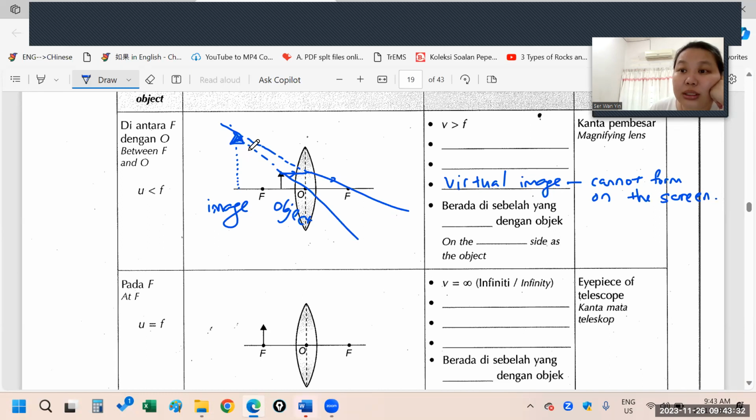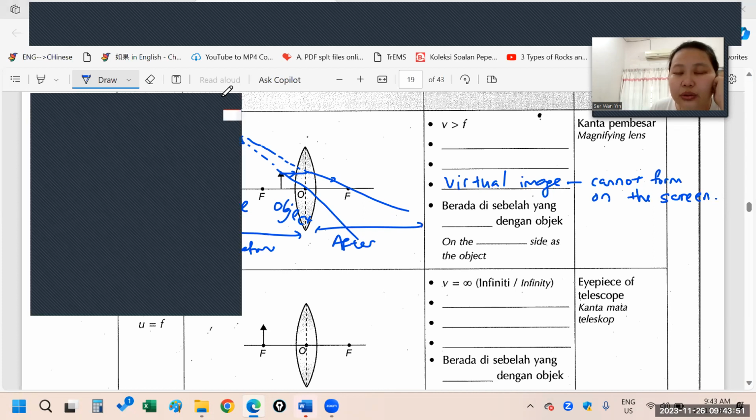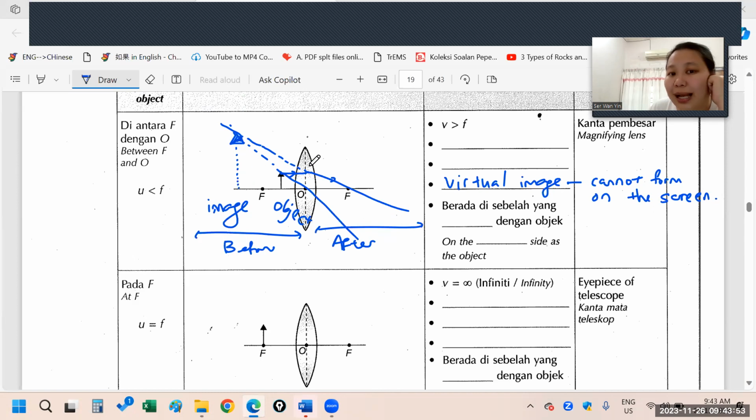So how to know if it's virtual or real? This is before the lens, this is after the lens. The light supposedly passes through the lens and forms here.